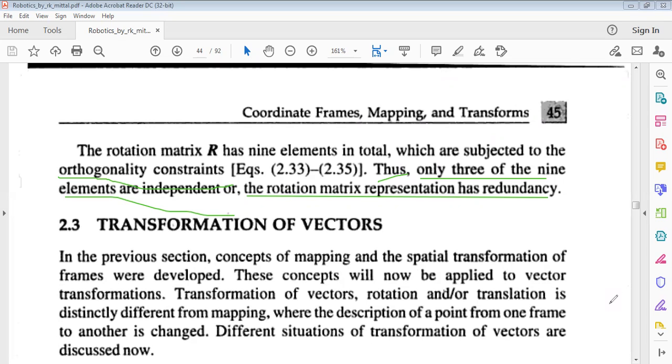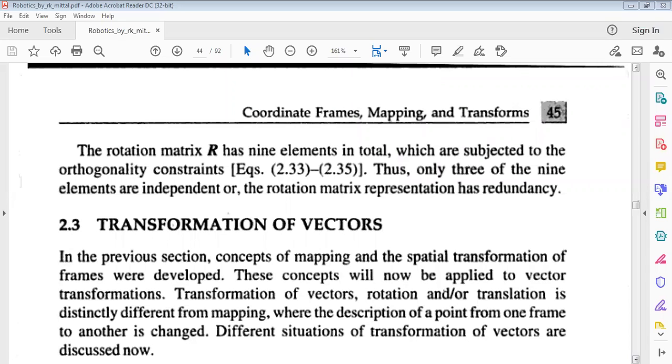The elements in this rotation matrix are more than the requirement. So such a rotation matrix has redundancy. So that is about the rotation matrix and transformation matrix of the end effector.